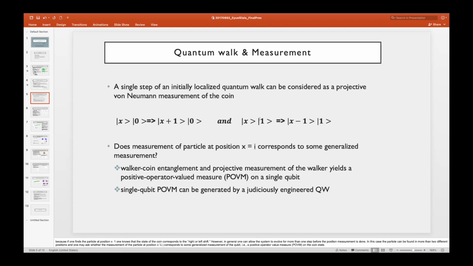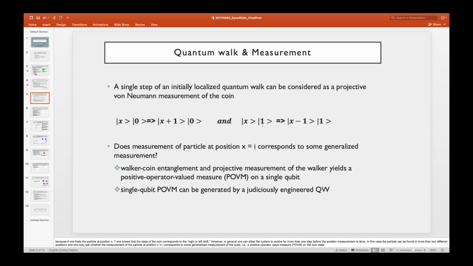If the state of the coin is 1, the Walker is shifted to the left. If we measure the Walker and find the particle at x plus one, we can infer that the initial state of the coin was zero. Just trivially, we can see it this way.